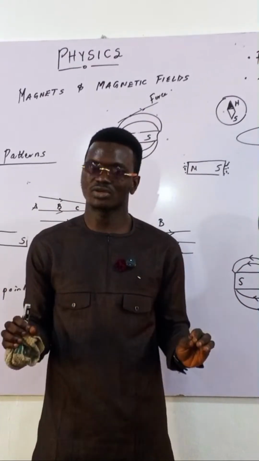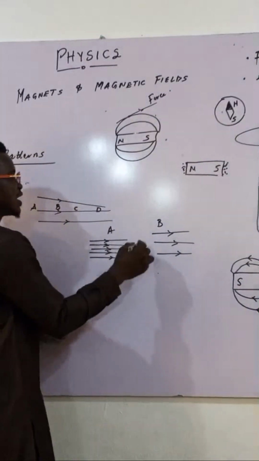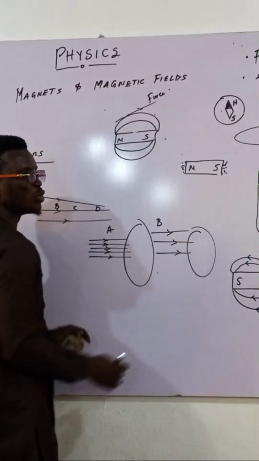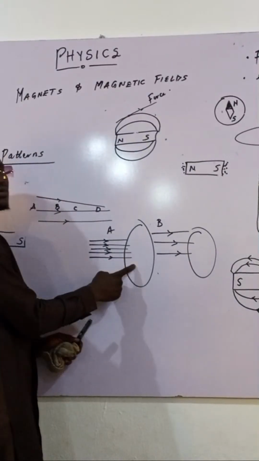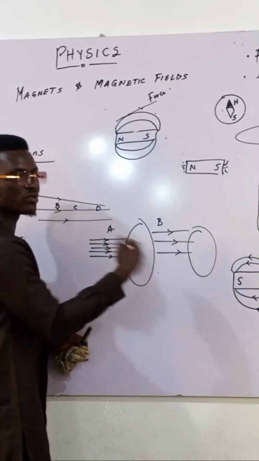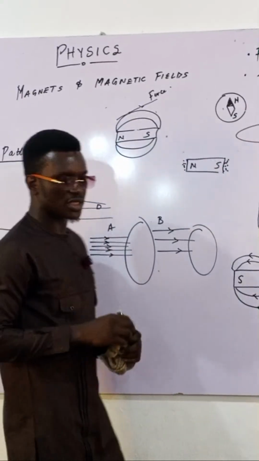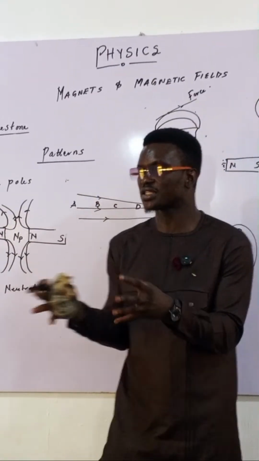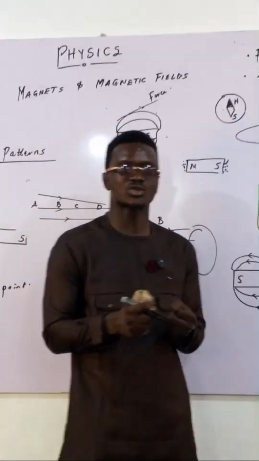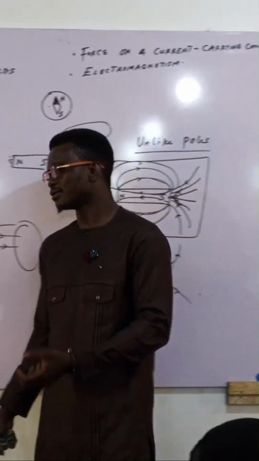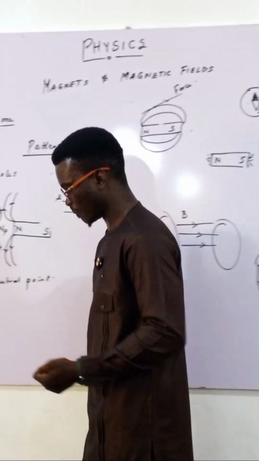Because I can tell you that something is entering a loop, and something else is entering a loop, and the effect here will be different from the effect here. And you have to understand that. I said the more concentrated the magnetic field lines, the stronger the magnetic field.